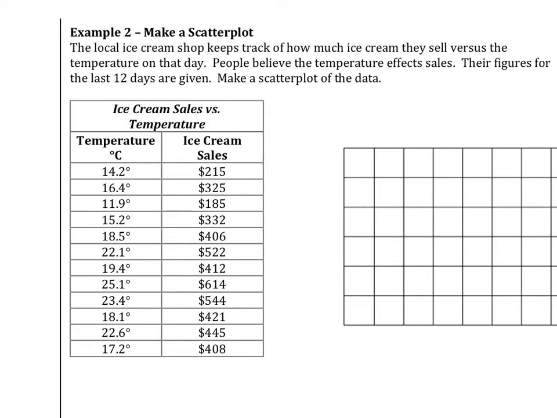Which one is dependent on the other? Does temperature affect sales, or do ice cream sales change the temperature? We're going to go with x as temperature and y as ice cream sales. So temperature in degrees Celsius, and sales.